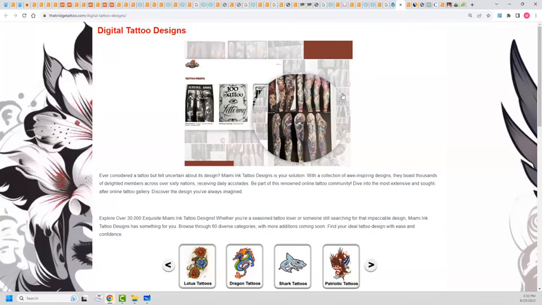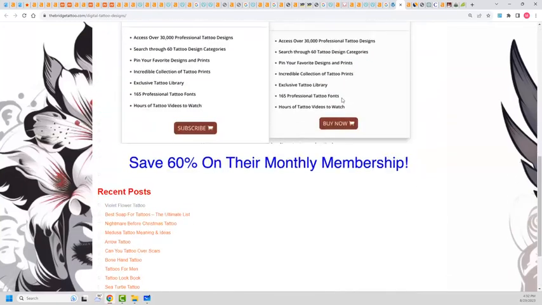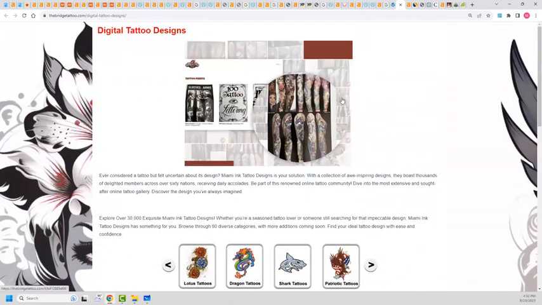This page, what is the job of this page? Does anyone know the job of this page? Okay, they come in, they're searching digital tattoos, they come to your page. What is this page's job as an affiliate? To get subscribers, membership. Okay, anyone else want to take a stab at it?